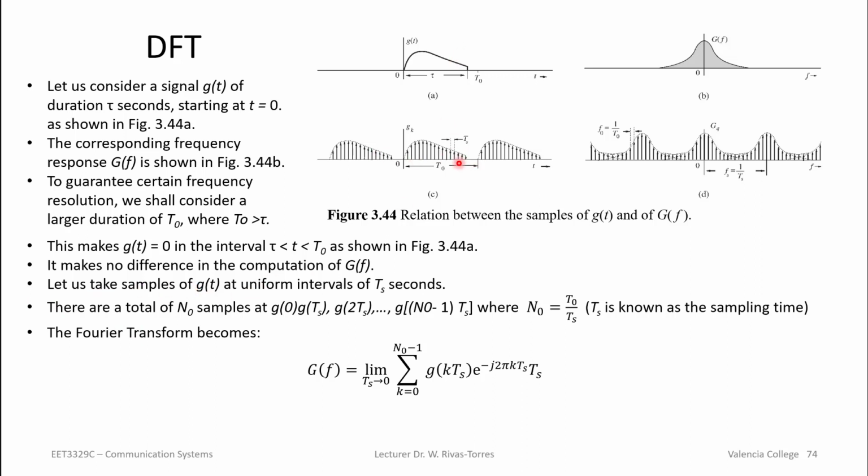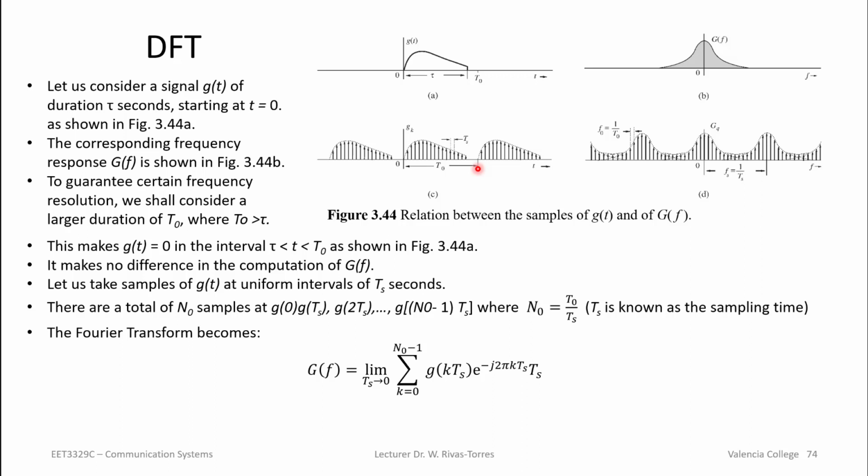And we've already done this before. We can make our signal periodic, for example. So we can take our signal up to tau, and then from tau to t0, it's 0. And then we can repeat it, right? And kind of do the same thing. By the way, the whole period all the way up to t0 becomes the period of our new signal if we wanted to do that.